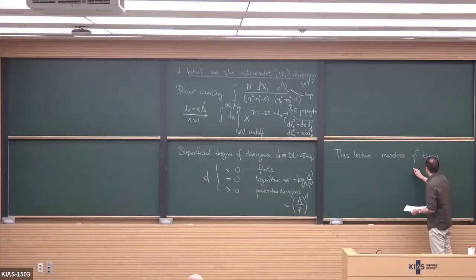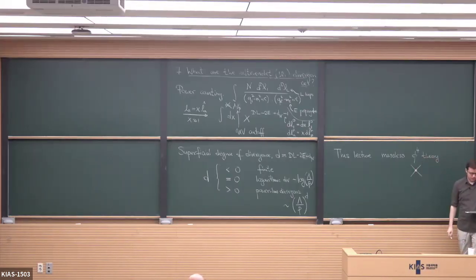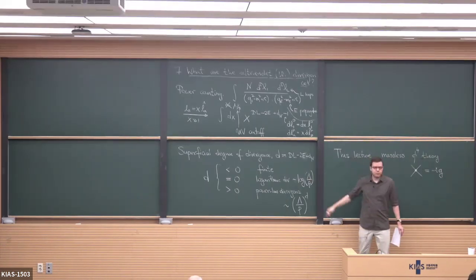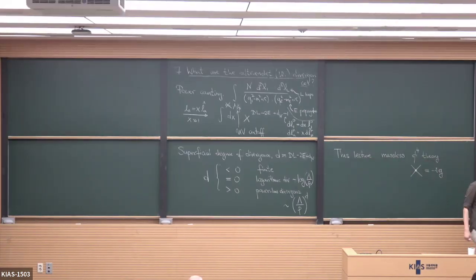And let me remind you that in this theory, we have a single interaction vertex. Typically the coupling is called minus i lambda, but for this lecture, since lambda already appeared here and I don't want to confuse you, I'm just going to call the coupling g. The minus sign is just conventional, because g being positive corresponds to a healthy theory.